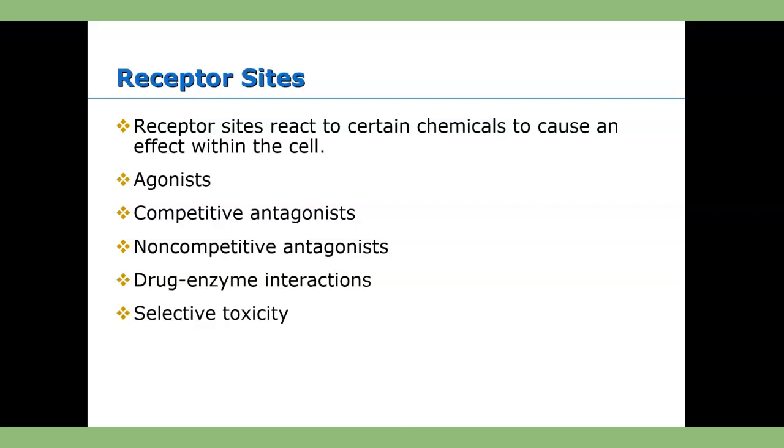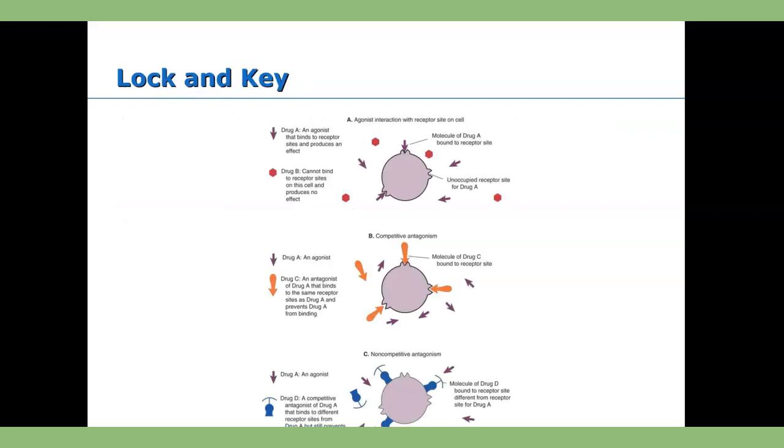Sometimes drugs and enzymes interact with each other, and selective toxicity is where the medication is so specific that it'll only attach to the area that it needs to attach to, to kill what it needs to kill or fix what it needs to fix.